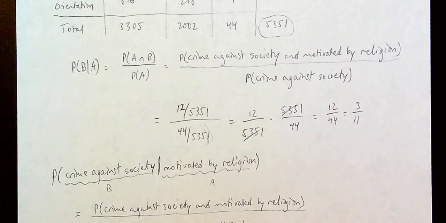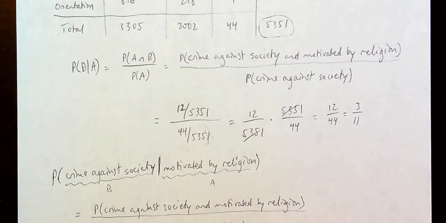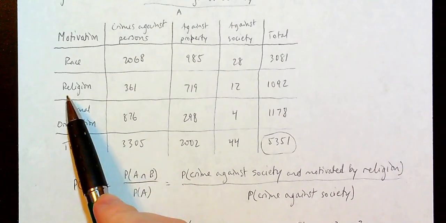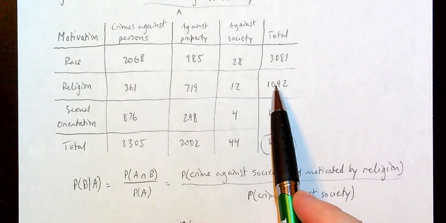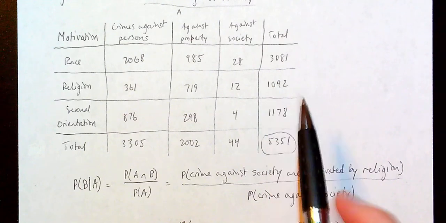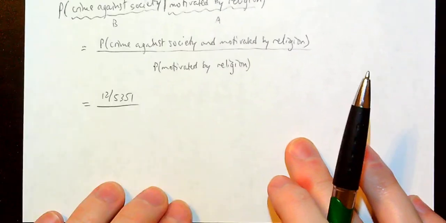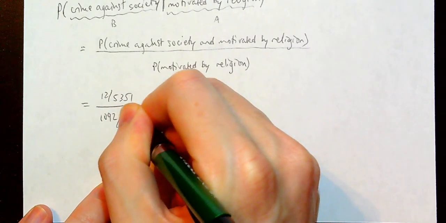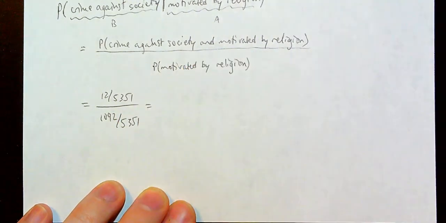The probability that a crime was motivated by religion. Now we're just looking at the total number of crimes motivated by religion. Well, that was 1,092. So the bottom is going to be 1,092 divided by 5,351.